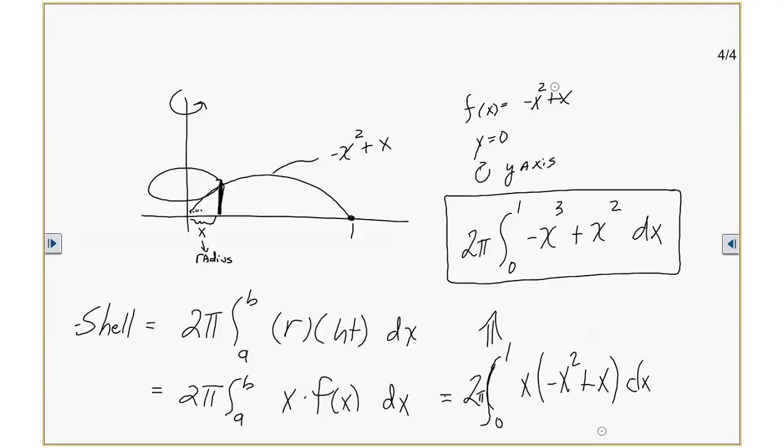So that's going to be negative 1/4 plus 1/3, negative 3/12 plus 4/12.